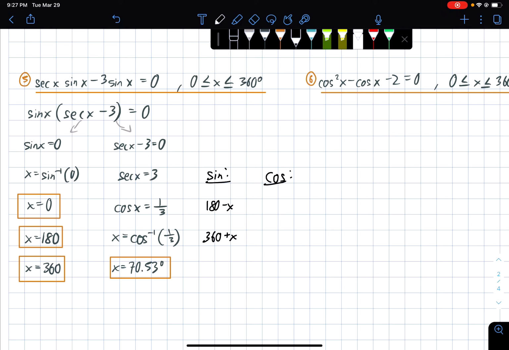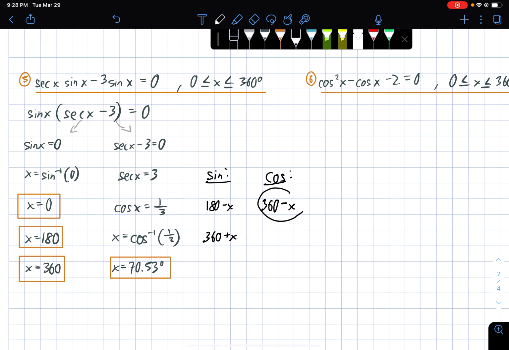Cosine, you can only have up to the maximum of 2 solutions, provided that the first solution is valid, considered within the specified range, and the second solution would be 360, alright, I'm sorry, it's wrong. 360 minus x.